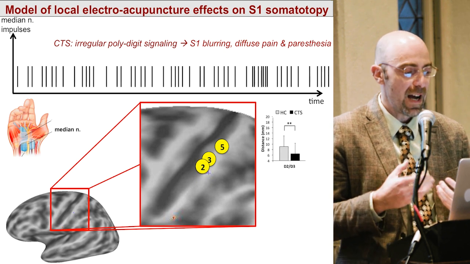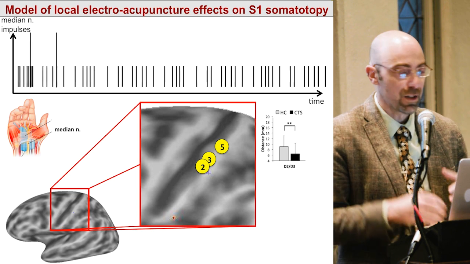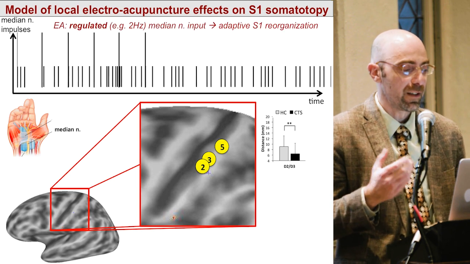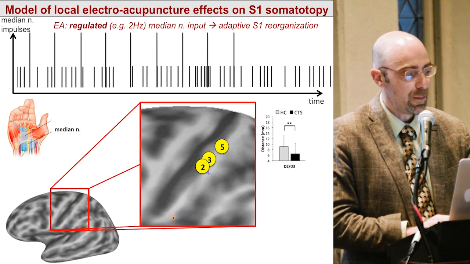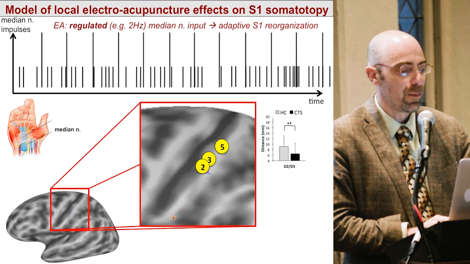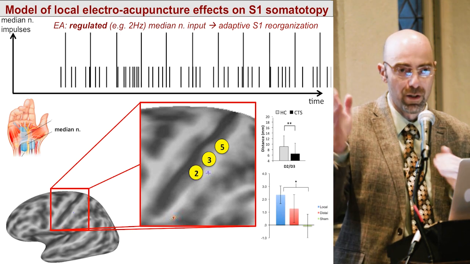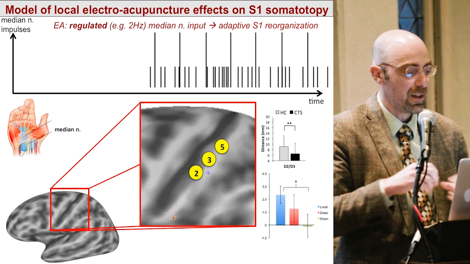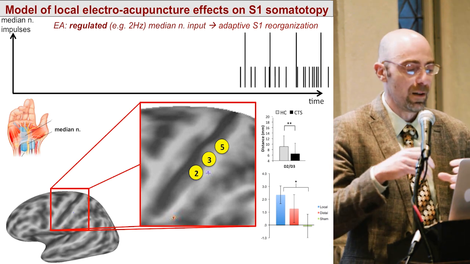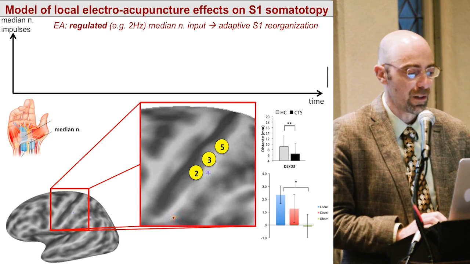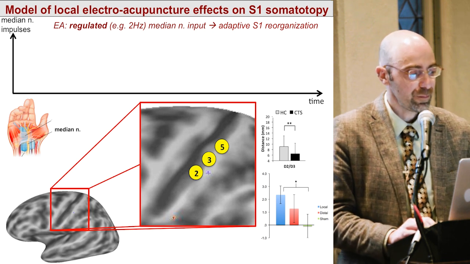And when you have the electroacupuncture, what this sets up is a larger, regulated traffic going into the brain that's maybe blocking out or swamping some of this paresthesia-induced irregularity. And it's this regular nerve traffic that then helps to separate these different fingers, these median nerve innervated fingers, in the brain.